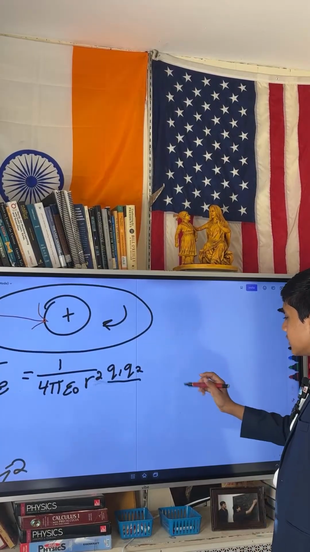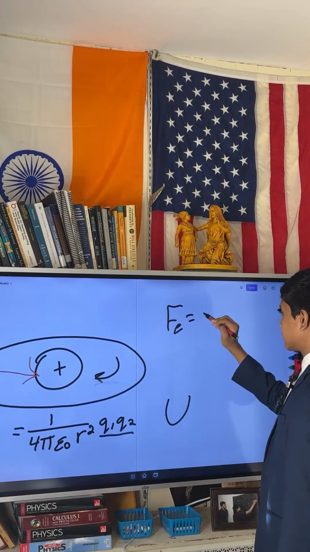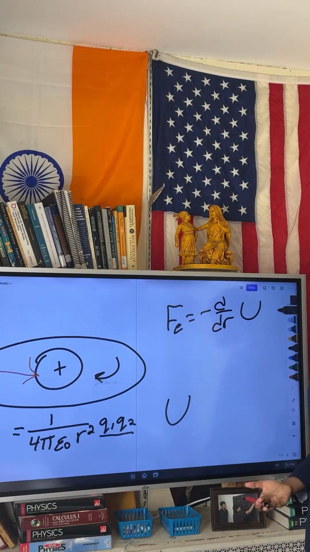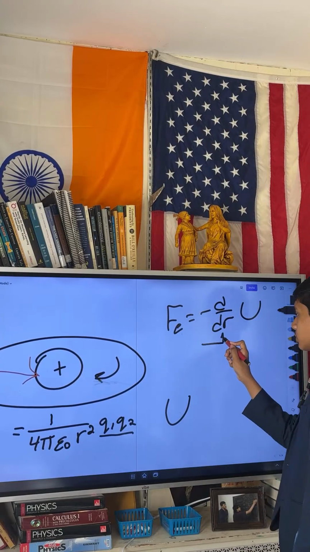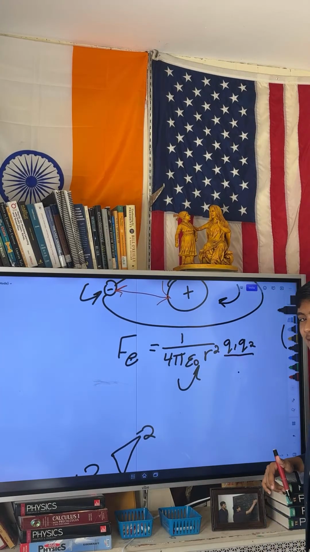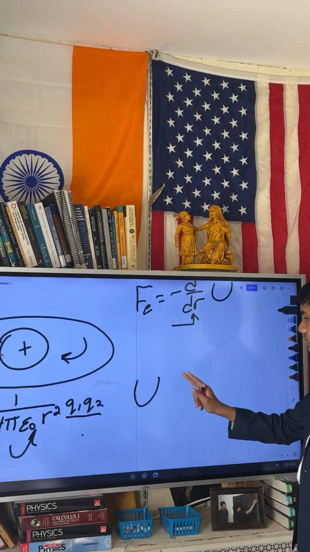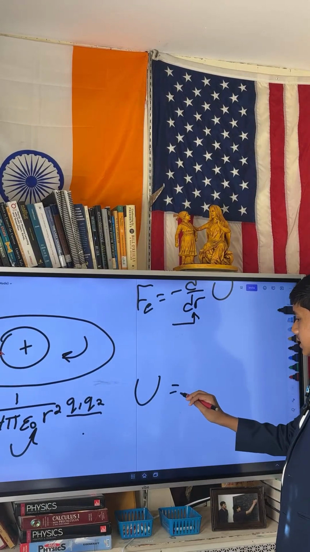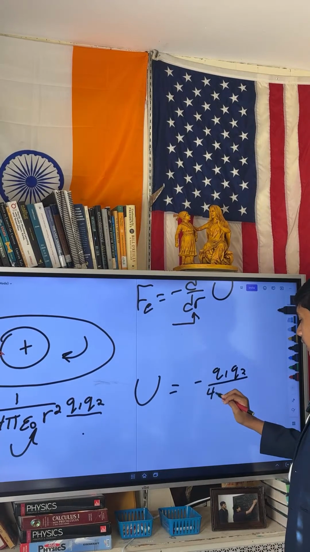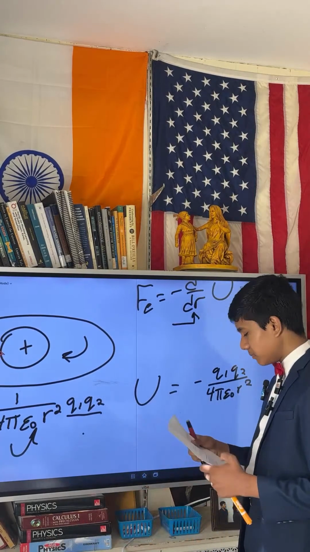Then that means that u, naturally, since Fe is the negative radial derivative of u, yes, it's technically not that simple most of the time, but when F is solely dependent on radius, the gradient acts this way. We get that u is equal to minus q1 q2 over 4 pi epsilon naught r squared. Should be, right? Yep.